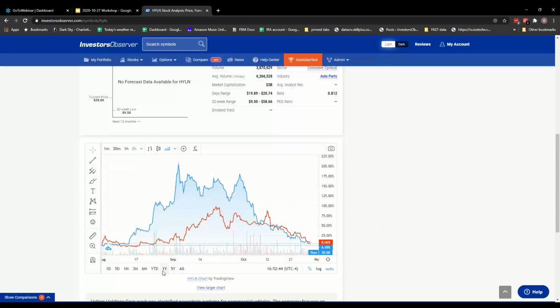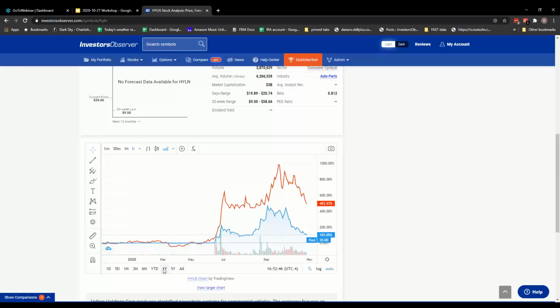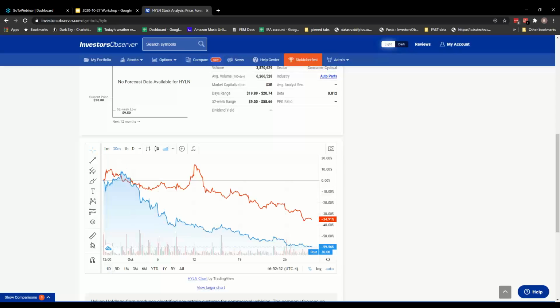If we go back to the year, they're probably a little bit different. Yeah, it's basically different in terms of magnitude and not shape. So there's your answer, right? I couldn't tell you how to pick Highline over Workhorse.